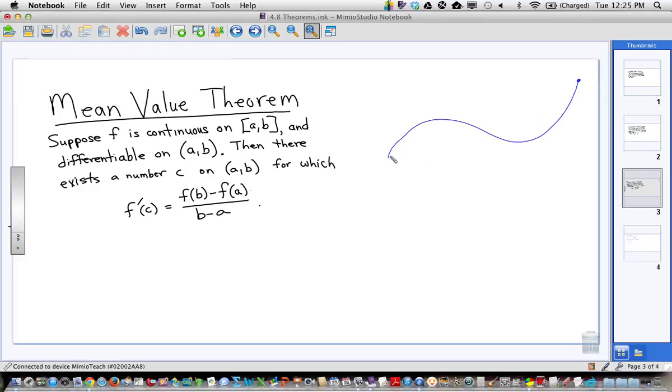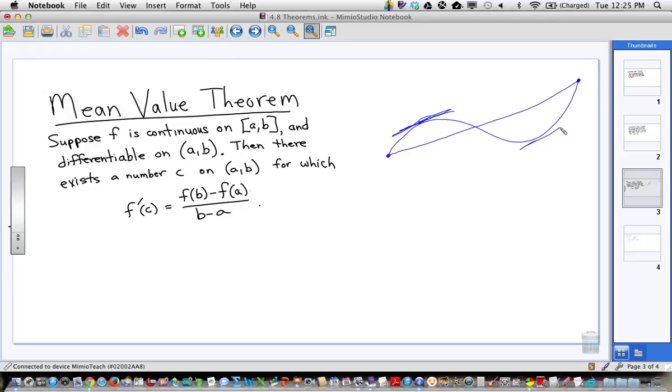If you know that to be the case, then there will be a number somewhere in between the endpoints where the slope at that point is equal to the slope between the endpoints. So if I was to draw a line here connecting the endpoints, somewhere in there there's got to be a point that has that same exact slope, like so.